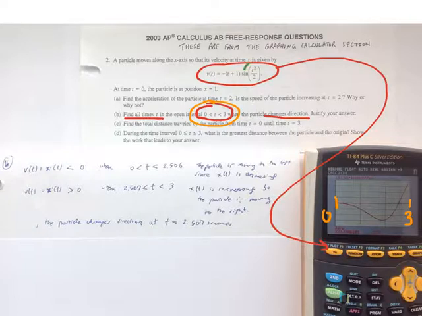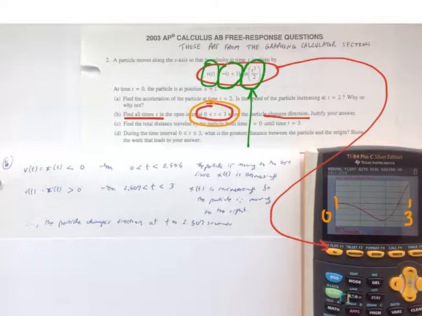The reason I did that was because I know the range of the sine function is from -1 to +1, and then I'm multiplying by this factor, -1 times t plus 1. The maximum value that I have for t is 3. 3 plus 1 is 4. -1 times 4 is -4. And if you multiply the sine function by -4, the range of your velocity function will be from -4 to +4. So I have my window settings.